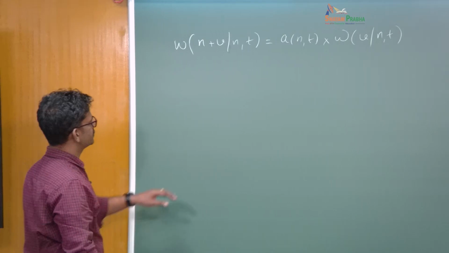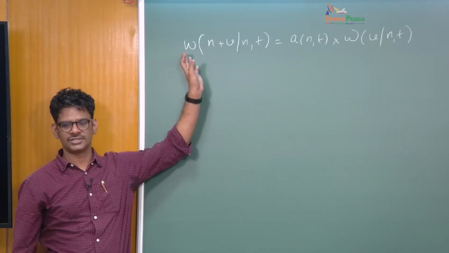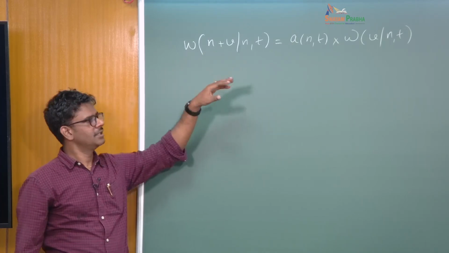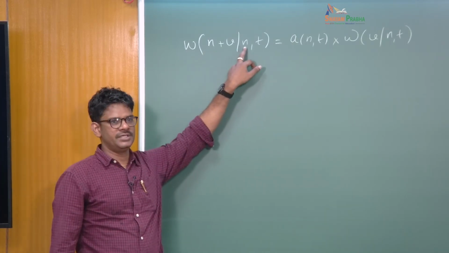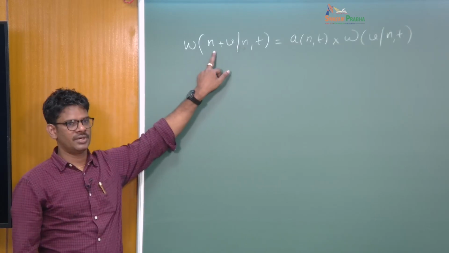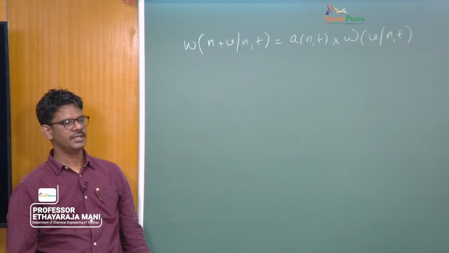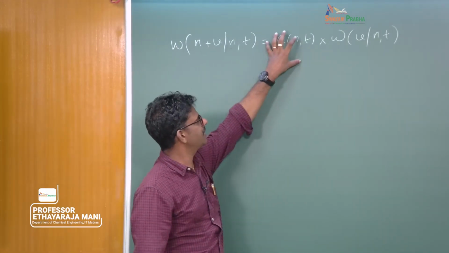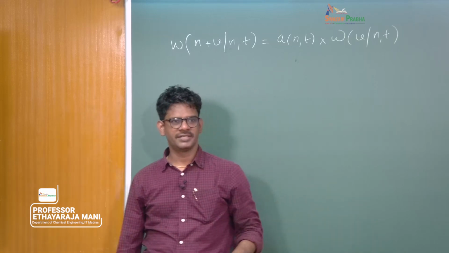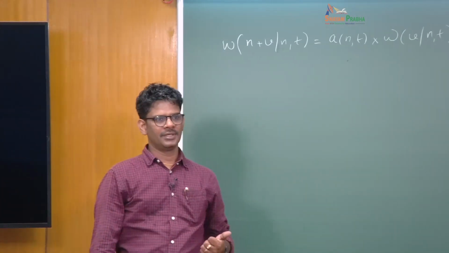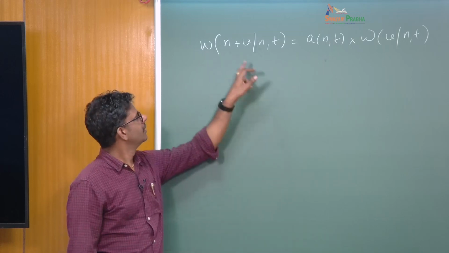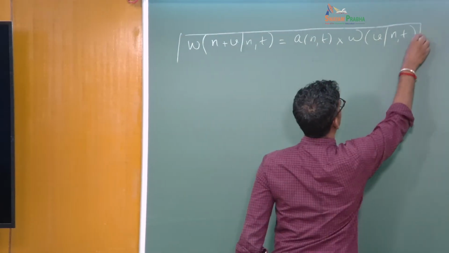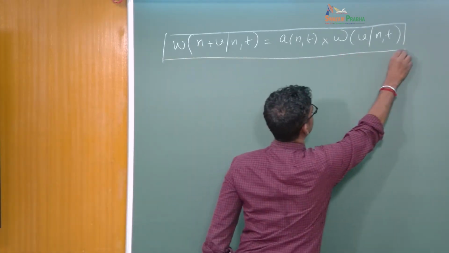A jump Markov process is defined by this transition probability per unit time, that's like a rate, that the system is given at time t in state n, and then it jumps to another state n plus nu. And this is written in terms of two parts: one that talks about the rate, and another that talks about the probability of reaching this end state n plus nu. So this pretty much defines any sort of jump Markov process.